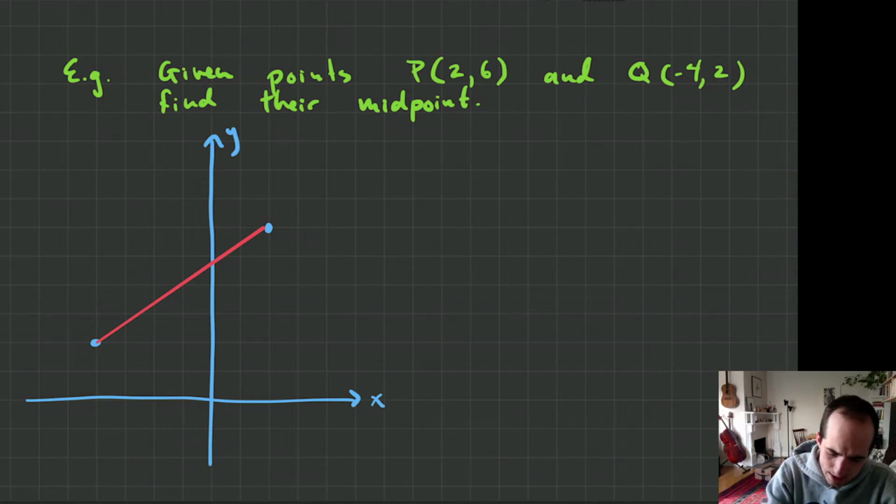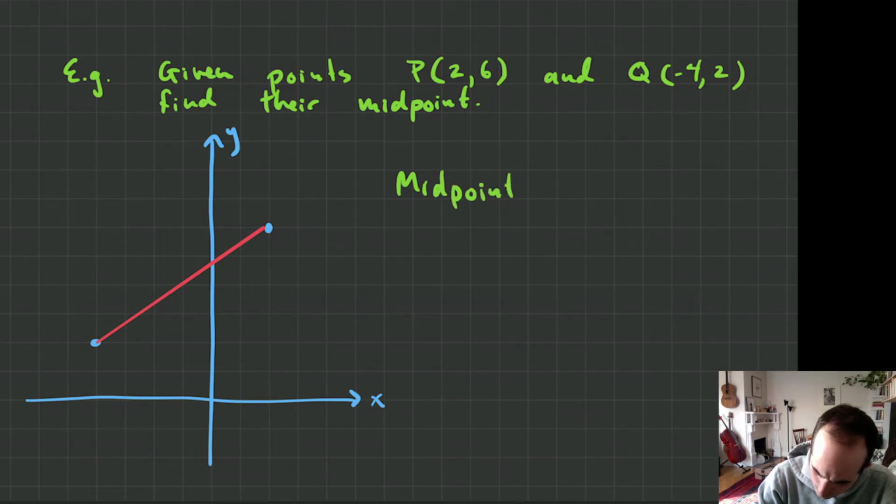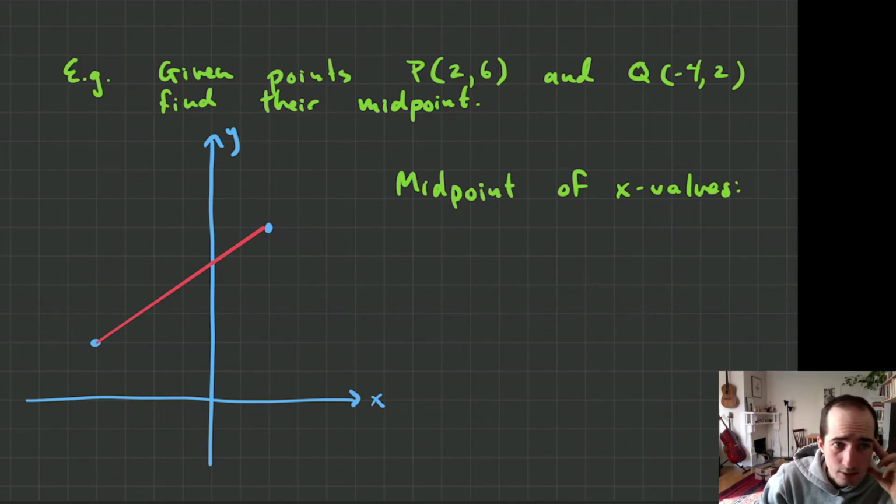So let's think about the x's. I'll find the midpoint of the x values. The midpoint of the x values is going to look something like this. I'm going from here all the way to here.